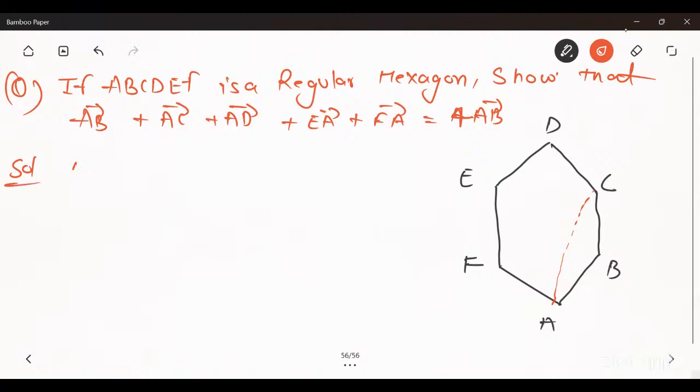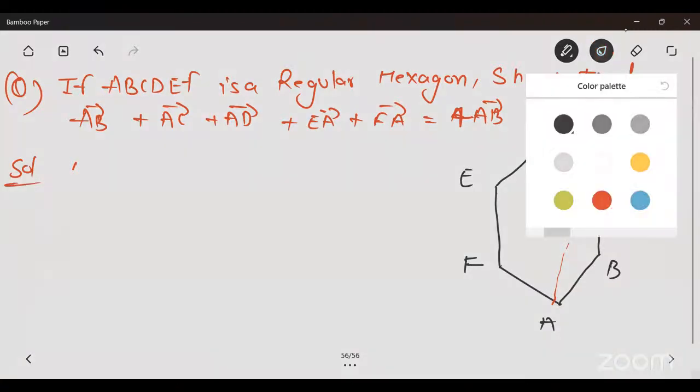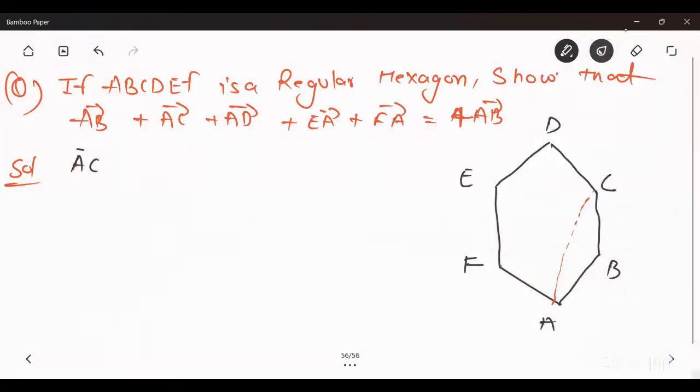So we can write AC vector as AB vector plus BC vector, and we can write AD vector as AC plus CD.